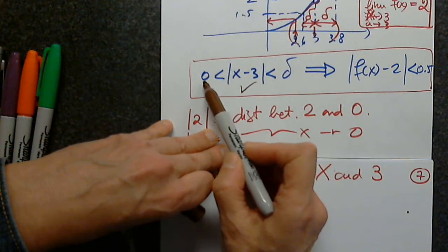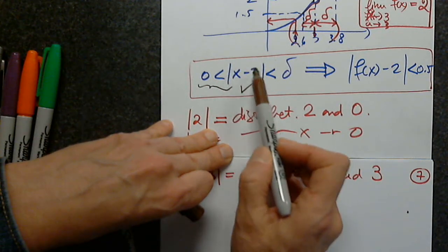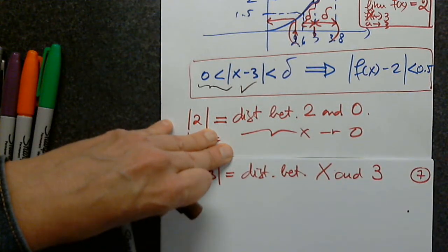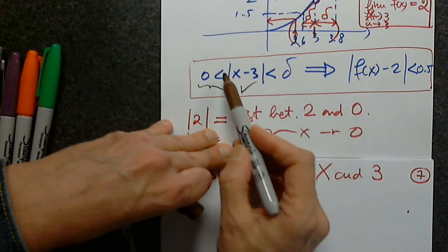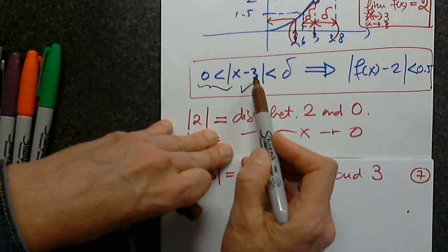Why do you think there is a 0 less than the distance between x and 3, which is very clear? Of course, it'll be positive. It's distance. So the absolute value of x minus 3 is always positive. But why do I have to write 0 less than this?